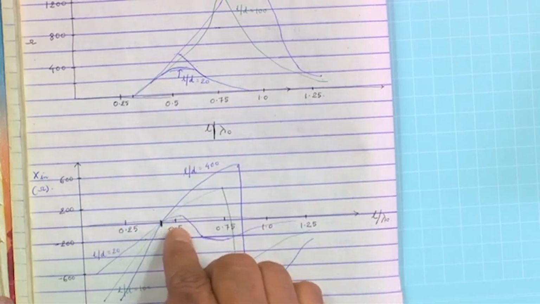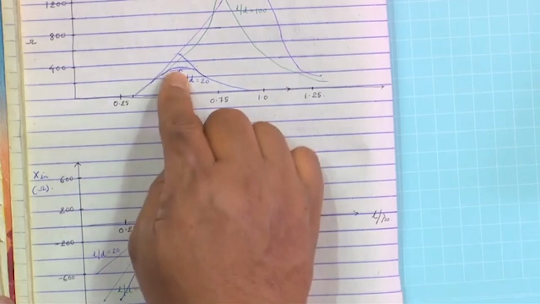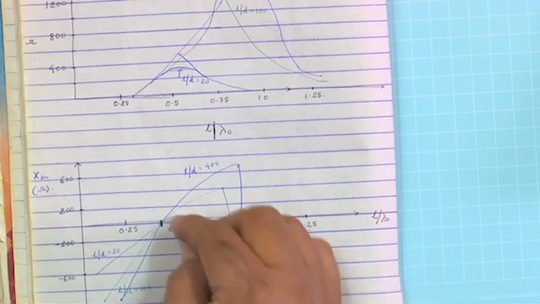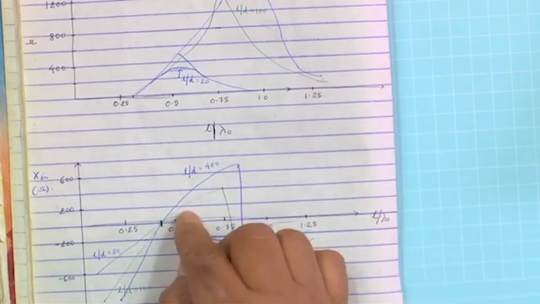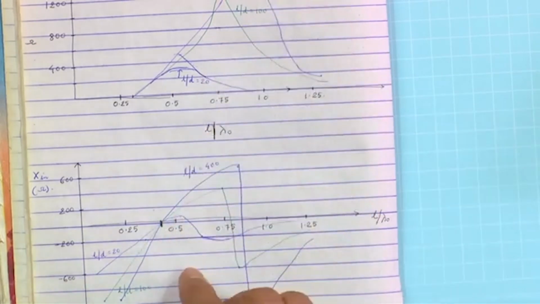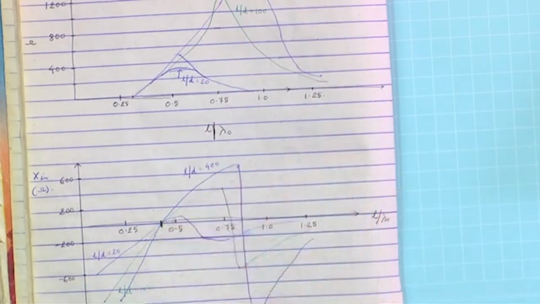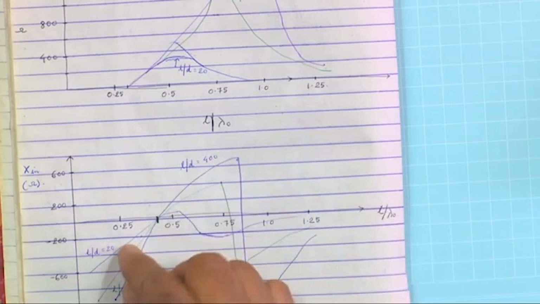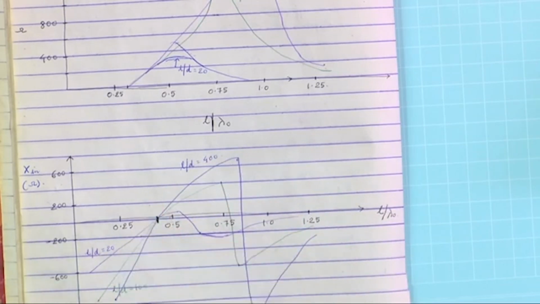But if instead we make it 0.5, X in is a bit positive, that means it will have an inductive part. So, that needs to be balanced, by putting in some lumped capacitor. Or if it is a bit lower, then it becomes capacitive, and at that time some inductive element is necessary.